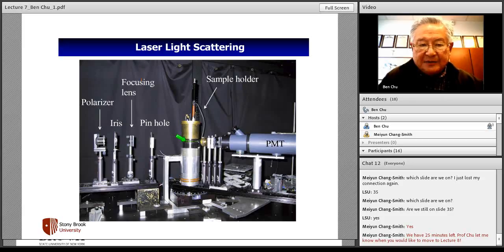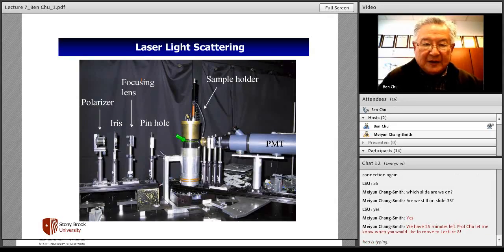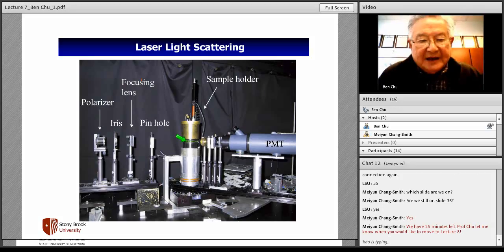There's a constant temperature control here, so that in this particular case this will be one constant temperature, and this will be some other constant temperature, and there's no temperature gradient present in the sample you want to measure, because otherwise it would introduce, say, boiling, and the particles would be moving around.